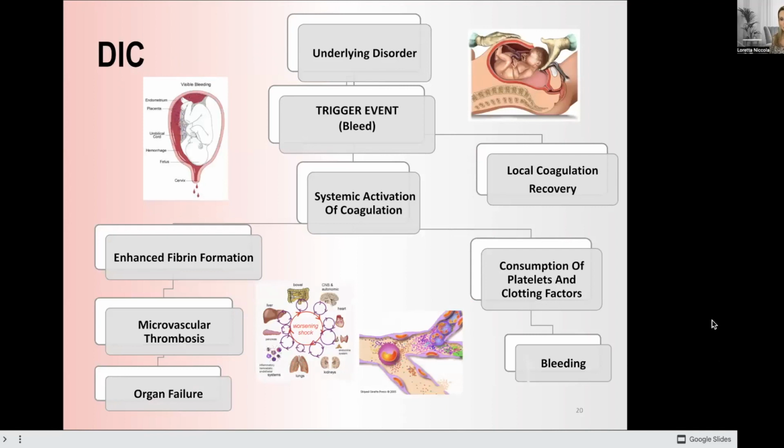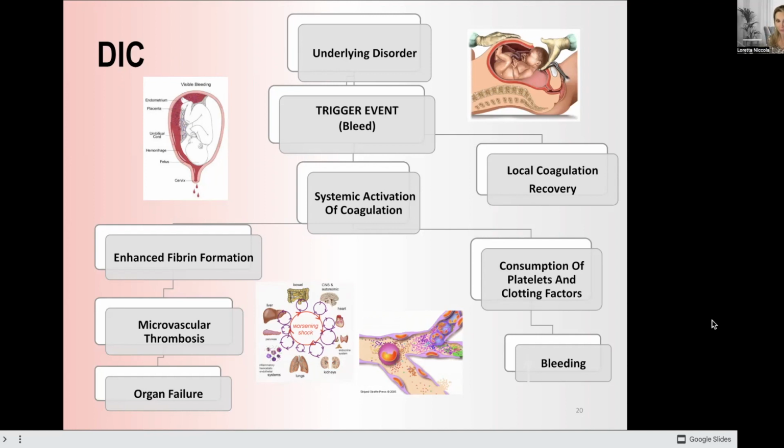So this is just a graphic of, again, what we talked about. There's an underlying disorder, some sort of a disorder that leads her to bleed. So the underlying disorder would be the missed AB in this case, and it leads to a trigger event for mom to bleed, and it can either direct itself to local coagulation and recovery.